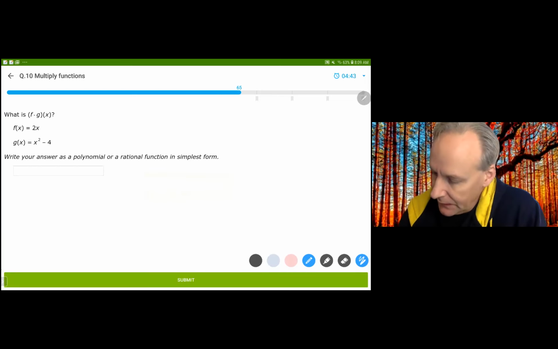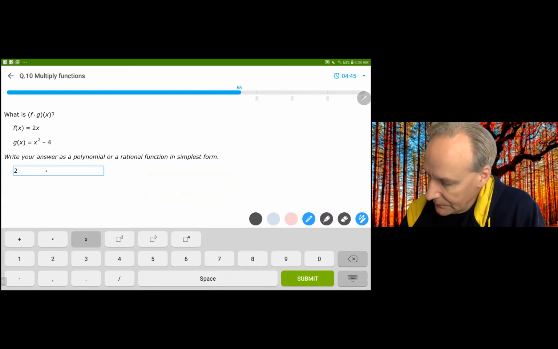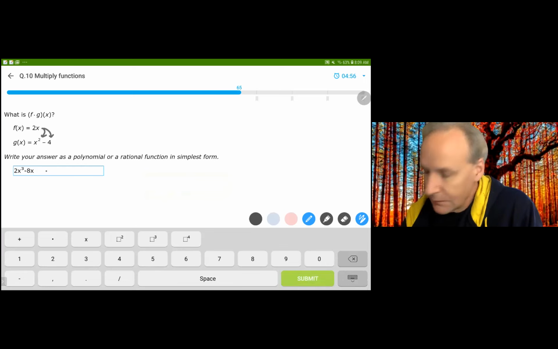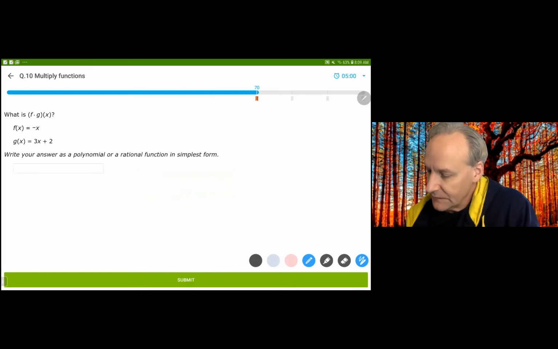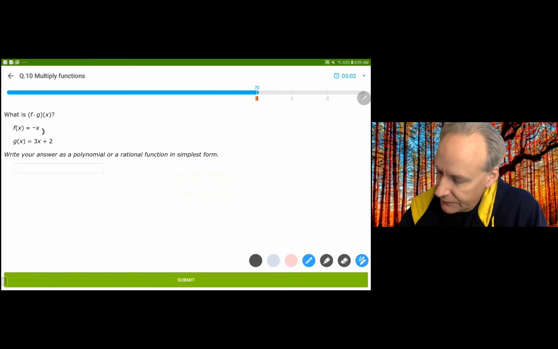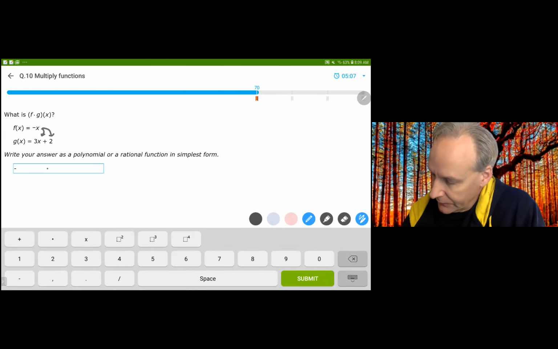And we've got a 2x cubed. I'm just multiplying this times each term, minus 8x, and that's it. This one, we get a negative times each term. They're both going to turn out negative. We have a negative 3x squared, and we have a minus 2x.